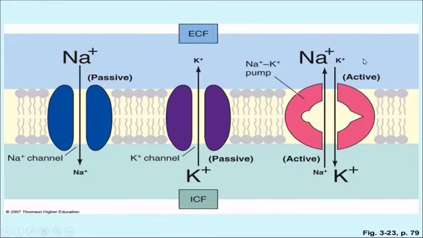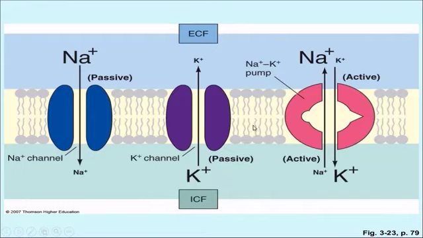So when the sodium potassium pump operates 100 times, it will bring 300 sodium outside of the intracellular fluid and will bring 200 potassium inside the intracellular fluid from the extracellular space.